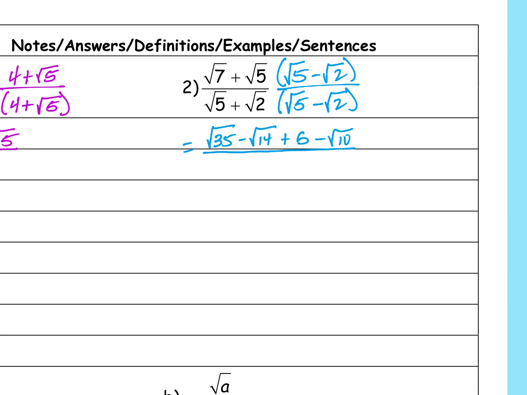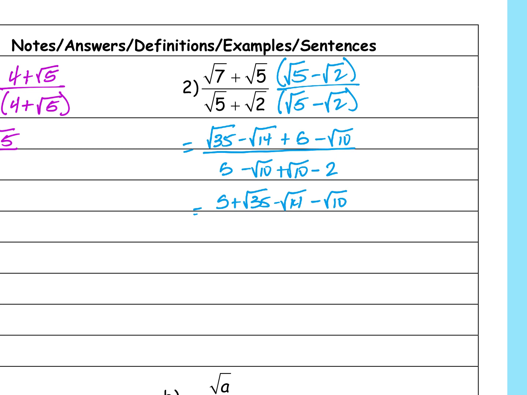And then on the bottom, what am I going to get? 5 minus the square root of 10 plus the square root of 10 minus 2. So I should get 5 plus the square root of 35 minus the square root of 14. It does not matter what order I write those in.